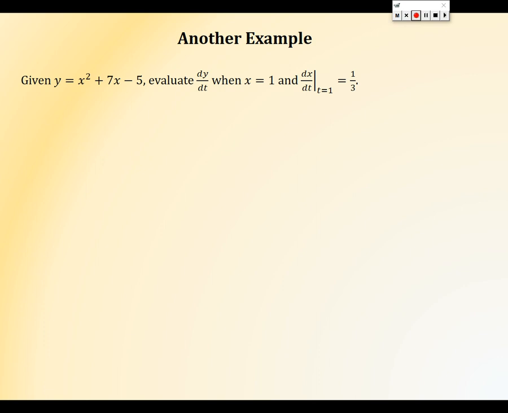What's dy dx at x equals 1? What do you get? All right, but we still want dy dt.